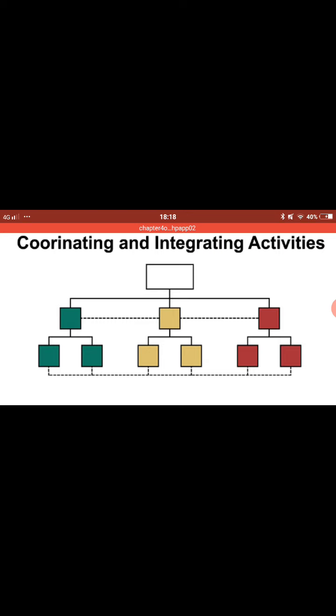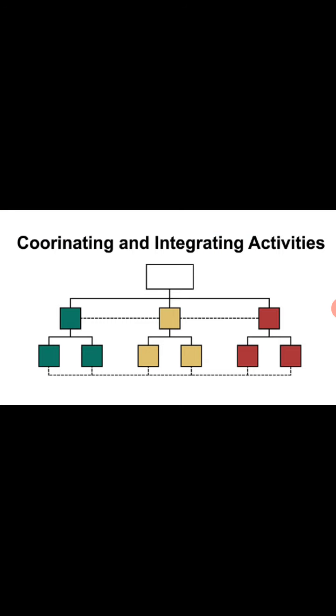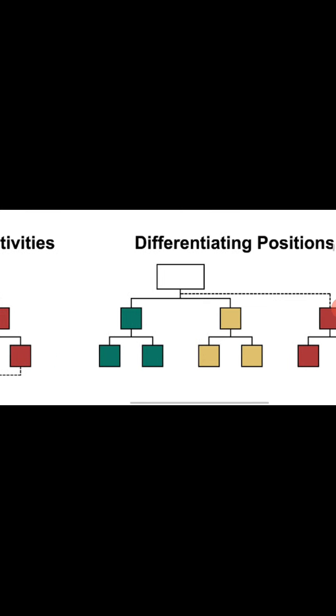It actually helps to simplify the work, and they are working in an integrated manner. Whenever you need the final output, all the departments, be it marketing, production or finance, need to work in a coordinated manner and have integrated activities to be done.